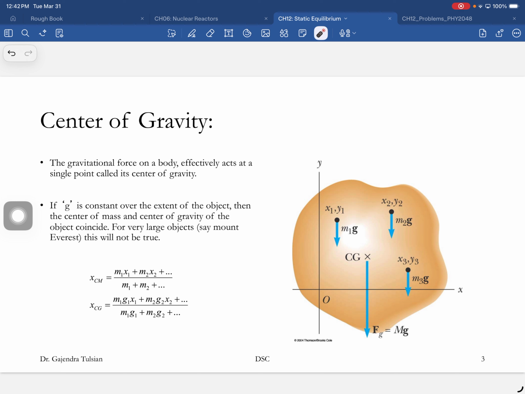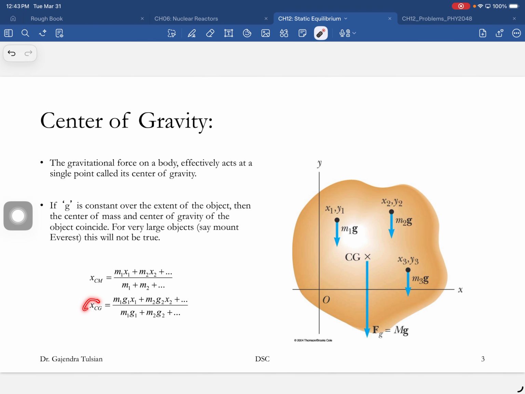So here's an object, and this is the formula you saw for the center of mass for this object in the last chapter. You break up the object into tiny pieces: m1 times the x coordinate plus m2 times the x coordinate, and so on, divided by the total mass gives you the center of mass.